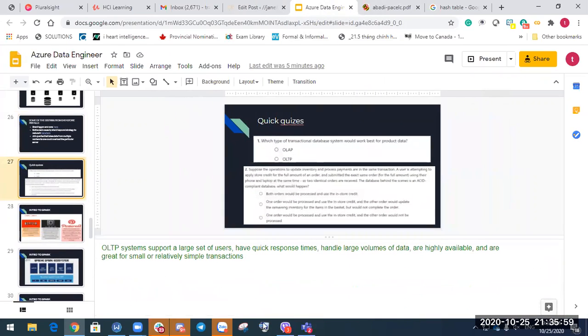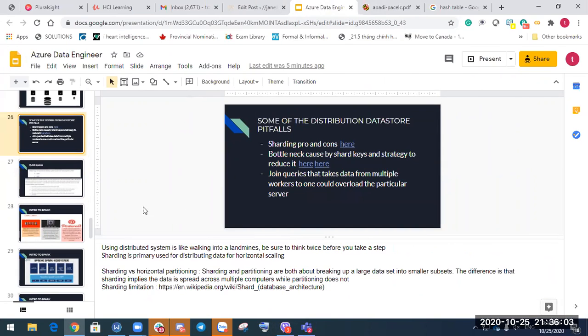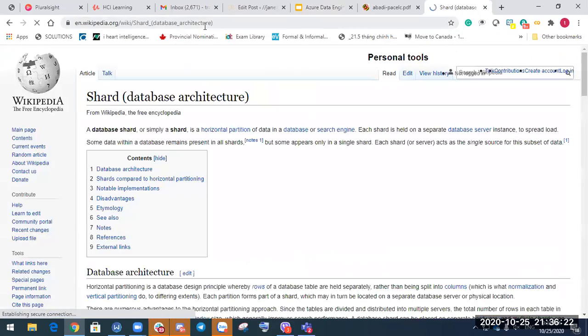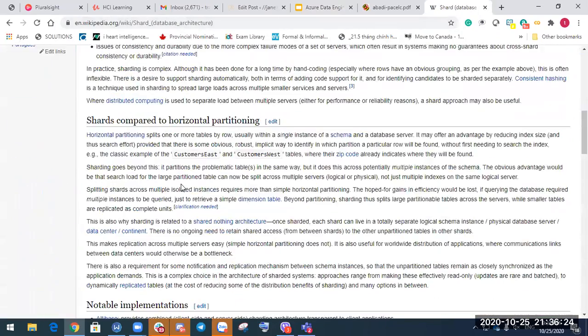So you guys go here. Okay, so I'll pull the sharding best practice from here instead, because I think I messed up a little bit with my article.